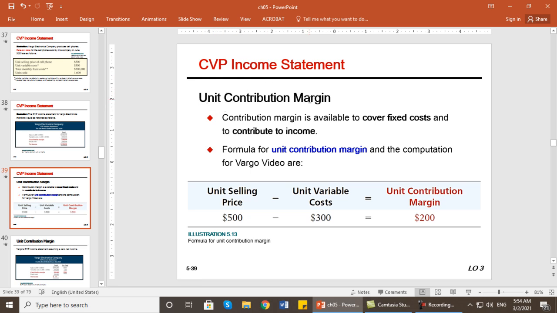Sorry, unit contribution margin, the difference between unit selling price and unit variable cost, equals unit contribution margin. Unit contribution margin is available to cover fixed cost first and to contribute to income.